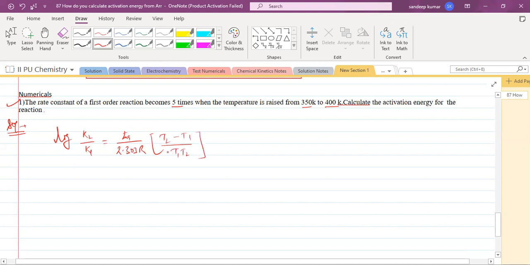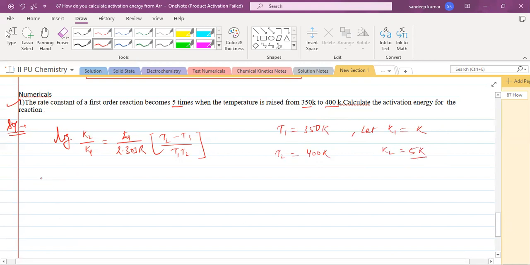Just now we did this question. Now they're telling the rate constant becomes 5 times when the temperature is raised from 350 to 400. So first, T1 is given how much? 350 Kelvin. Let the rate constant K1 be K. When the temperature changes to 400 Kelvin, rate constant K2 becomes what? 5 times of this, 5K.